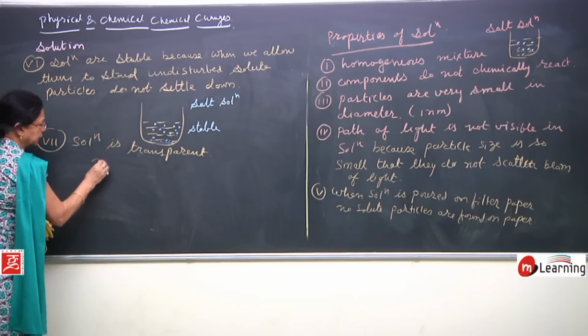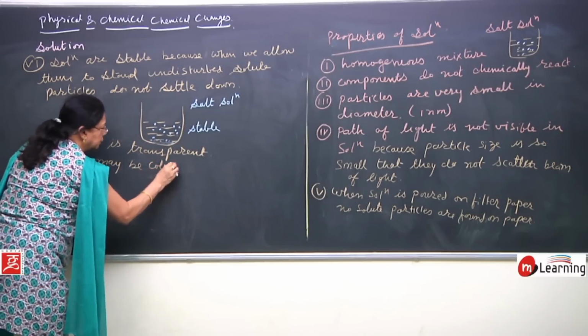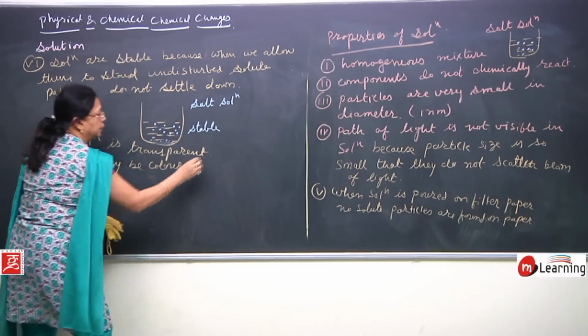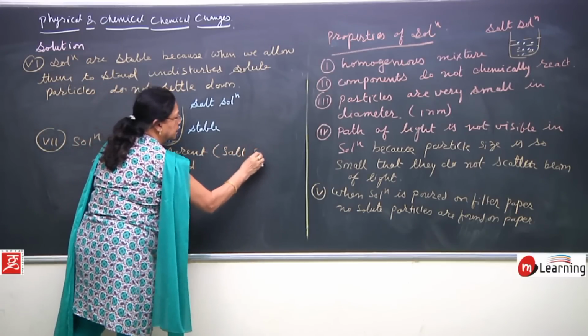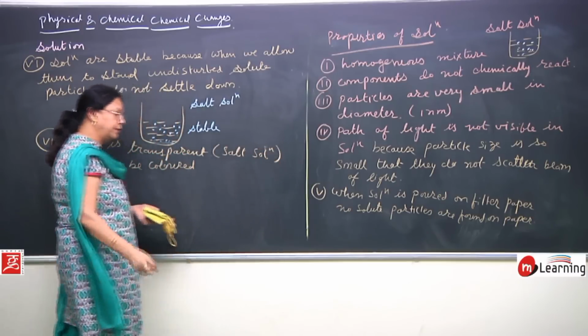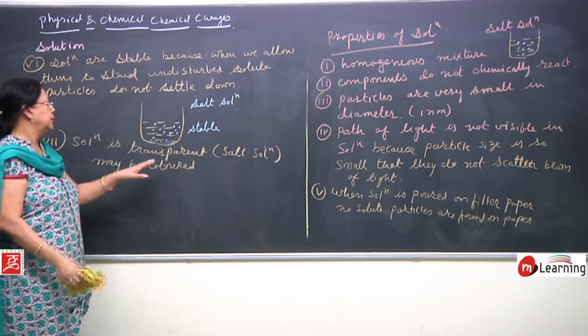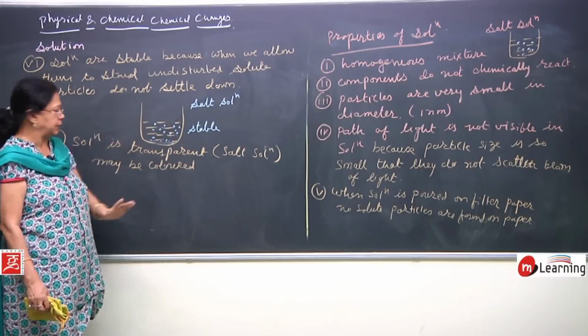It may be colored. Here this is salt solution. Take some salt, dissolve it in water and see that it is transparent. Transparent means through that you can see.